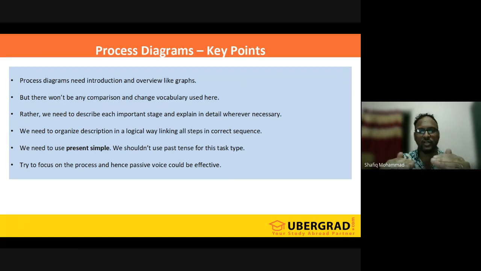Whatever the illustration is, just understand it and write it, where you just need to feel that you're explaining to someone through your writing. What if someone has written something and you didn't understand it? That means he has not written effectively so that you could understand.